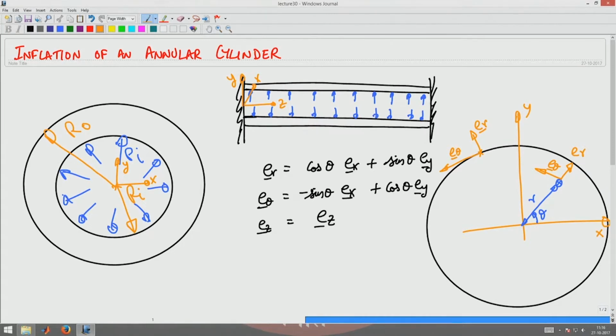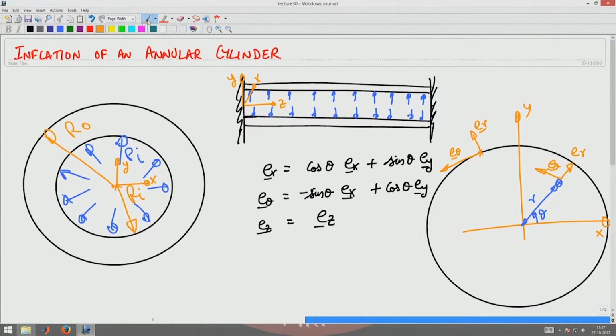Okay. So, now resolving E r into the basis E x and E y, you can see that you get this relationship that I have written here. It is just like taking components of E x, E y along the E r, E theta, E z directions. So, that is E r, E theta. The point to note is that the radial vector and circumferential vector in the cylindrical polar coordinate system change from point to point.